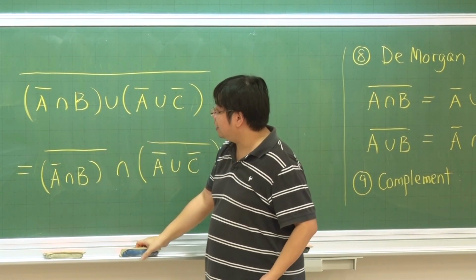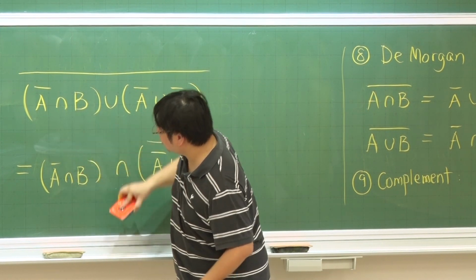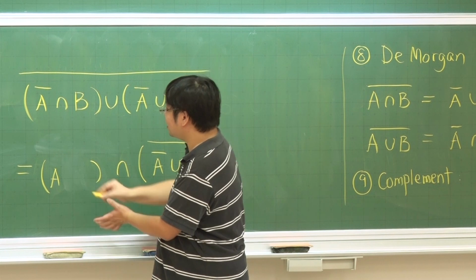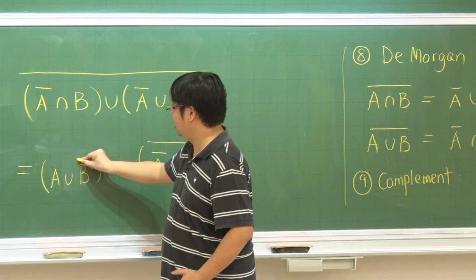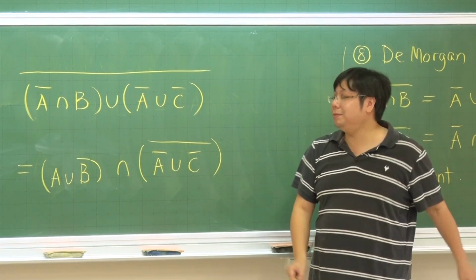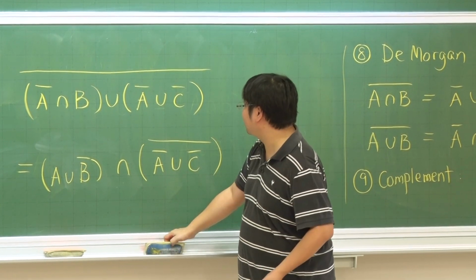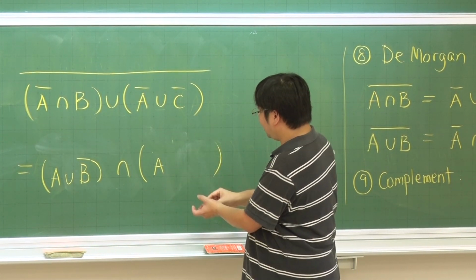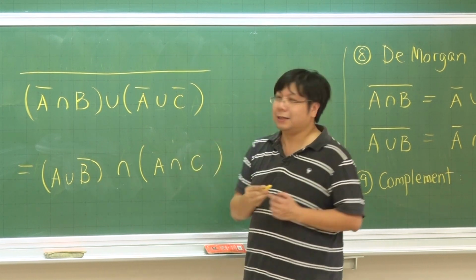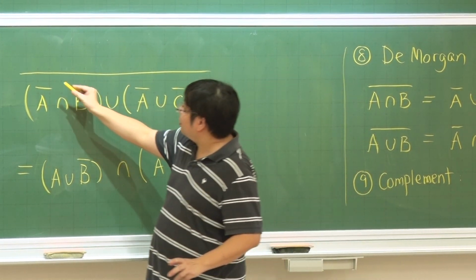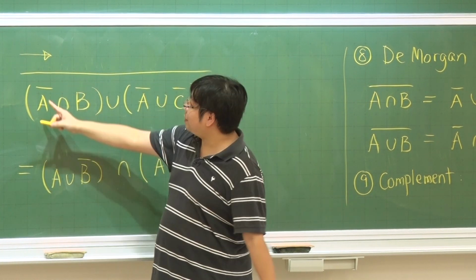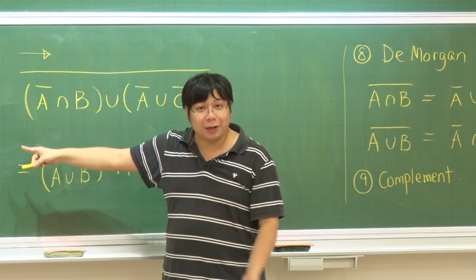And then we can actually do this further. This one goes inside. So not becomes not. So it looks like it becomes this one. Is that okay? And then for this one, what will happen? It will become A intersect C. Is that okay? So it is like you look at things from left to right. Whenever you see open, you write down open.